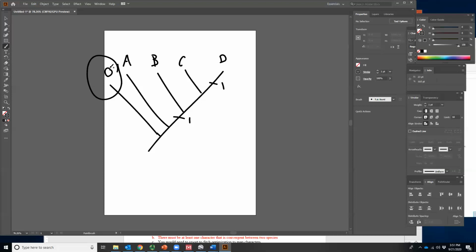So technically, anything that's not a bird could be an outgroup. I could pick a tree, but a tree is so distantly related to birds that it's not really going to be useful in helping us figure out where the root of the bird group is. So we ideally would like something that's not a bird, but is as close a relative as possible to the birds.